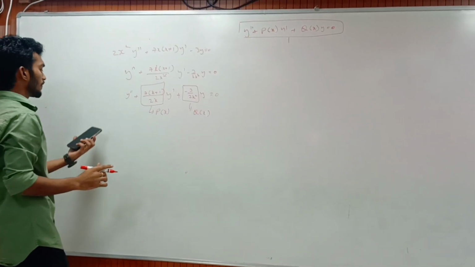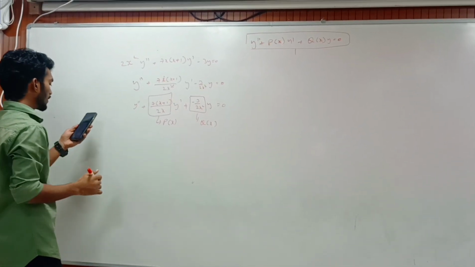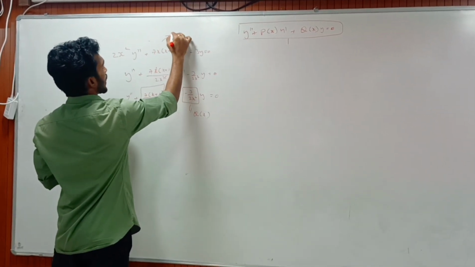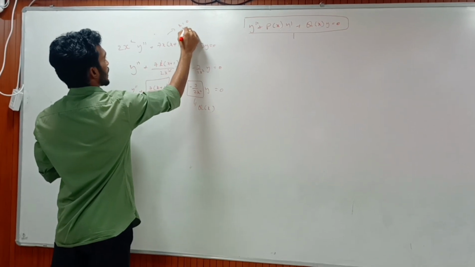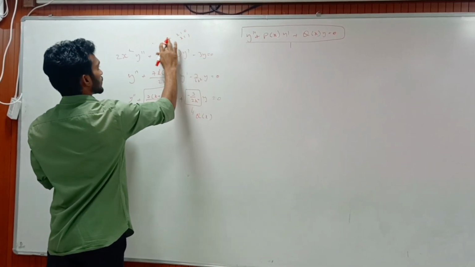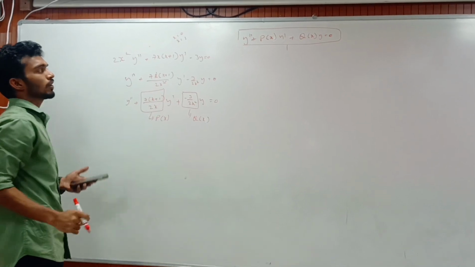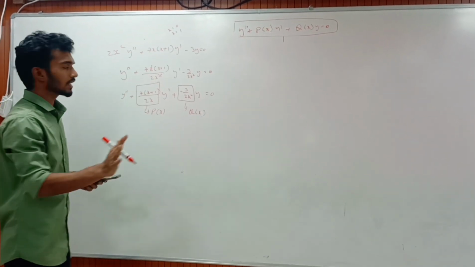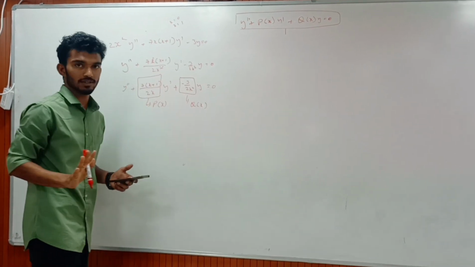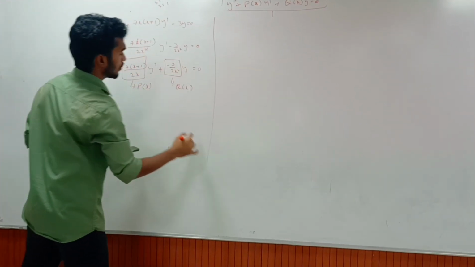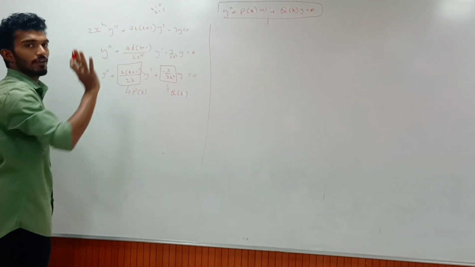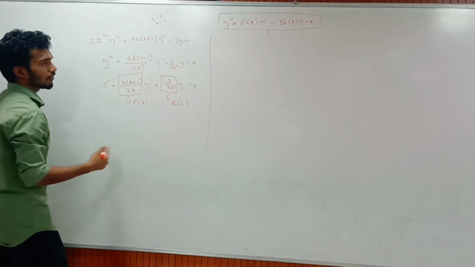The question is, we need to check whether x equal to 0 and x equal to 1 are ordinary points or singular points for the given differential equation. So first we find p of x and q of x, right? And now we need to check whether they are finite or infinite at the given values x equal to 0 and x equal to 1.